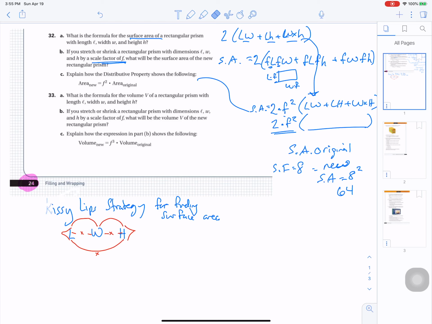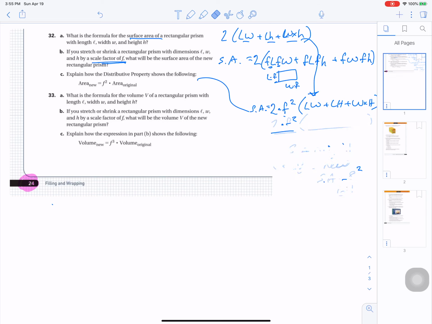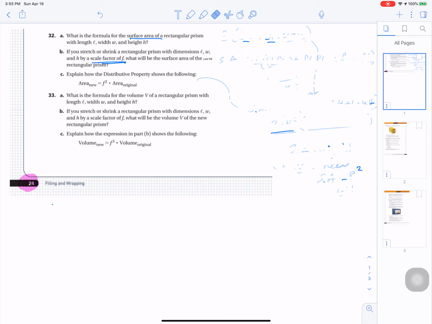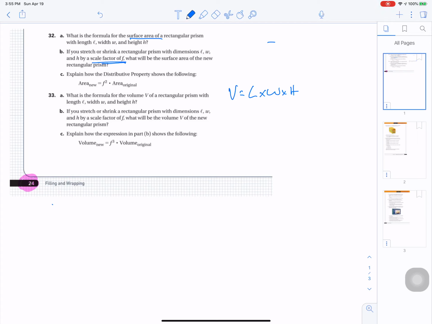Now, I'm going to erase all of this for a moment, and we're going to talk about what happens with volume. With volume, we know volume is length times width times height, right? Now, if we have this with a scale factor of f, our new volume is f times length times f times width times f times height.